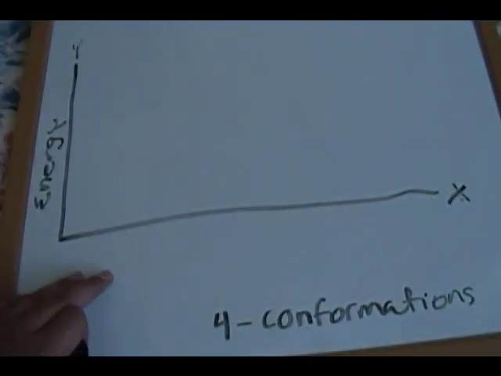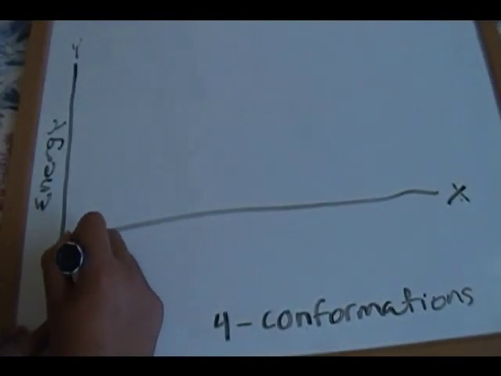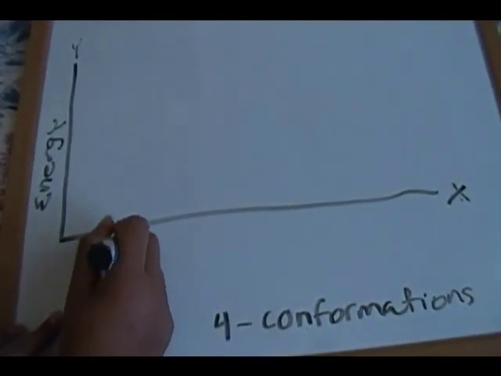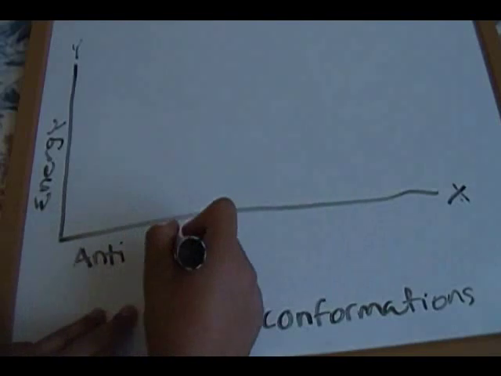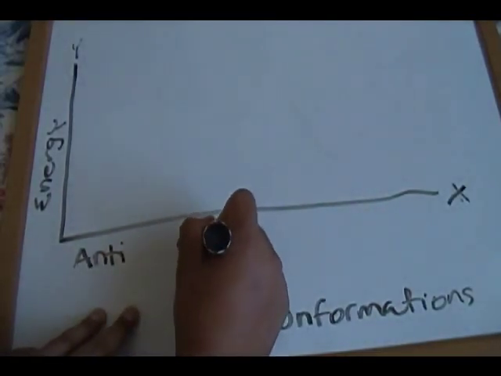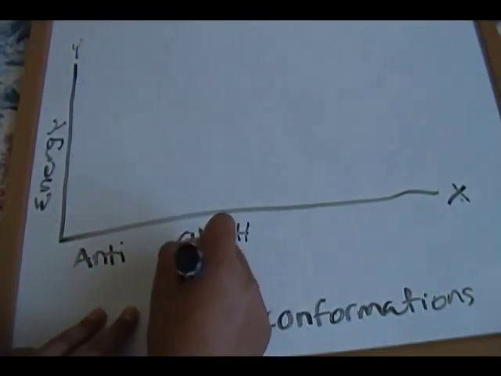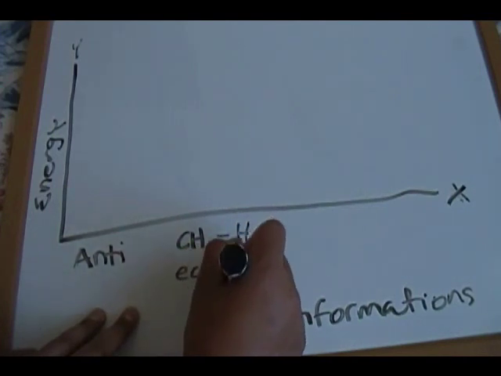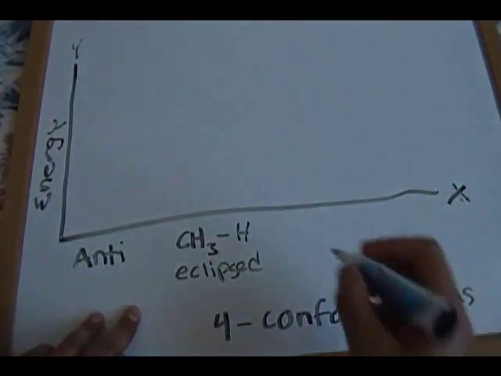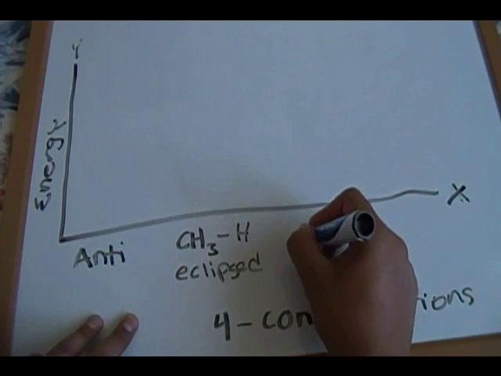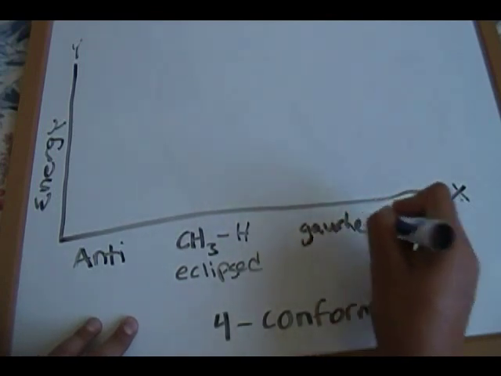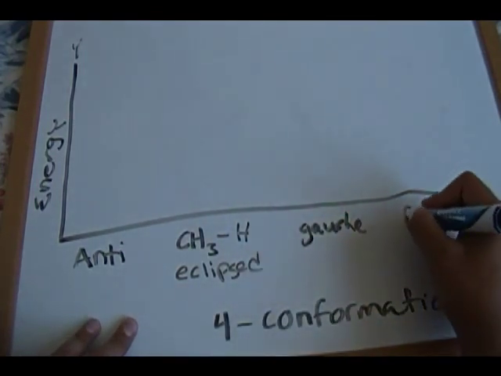Okay? So the first one was anti. Then we moved on to the CH3H eclipsed. Then we moved on to the gauche. Then we moved on to the fully eclipsed.